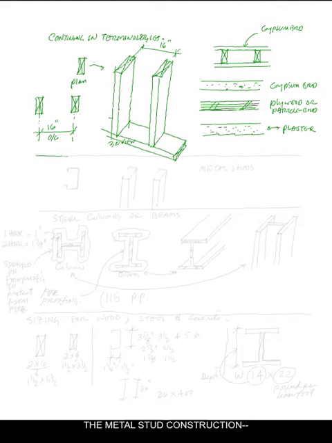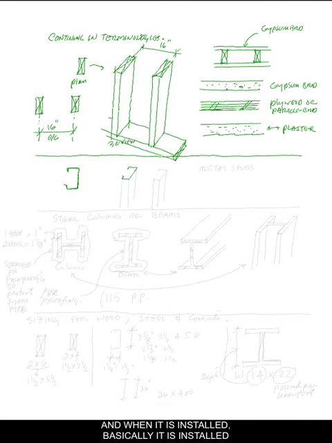The metal stud construction, typically the metal stud is shown like this. And when it is installed, basically it is installed the same manner as the wood studs are, 16-inch on center. So that would be for the metal studs.